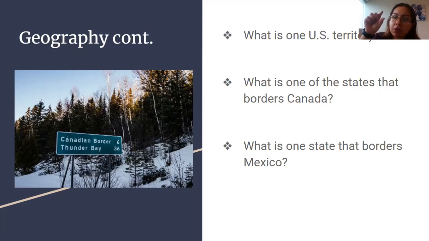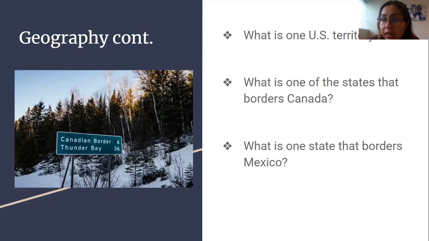So think about the US being here, with Canada at the top. My apologies. You have the US, and then you have Mexico down here. So when thinking about Canada, try to visualize the US in the middle between Canada and Mexico. What states at the top would border Canada? Try to think about it in a visual way.